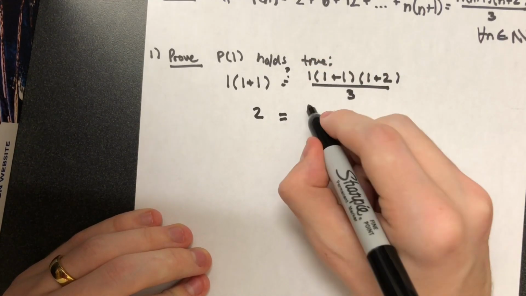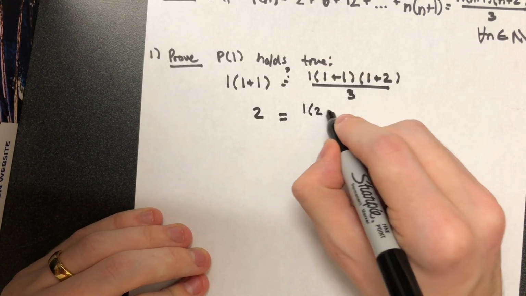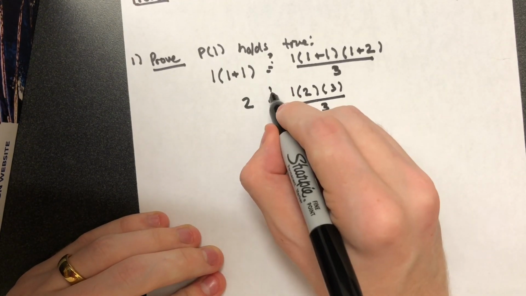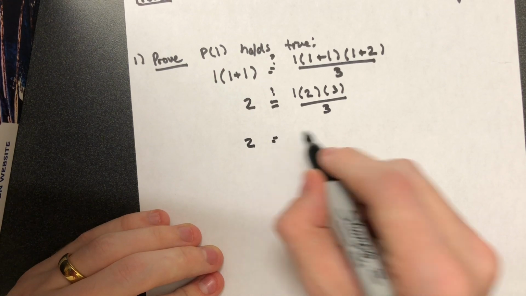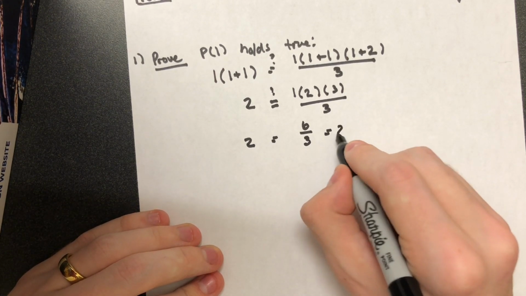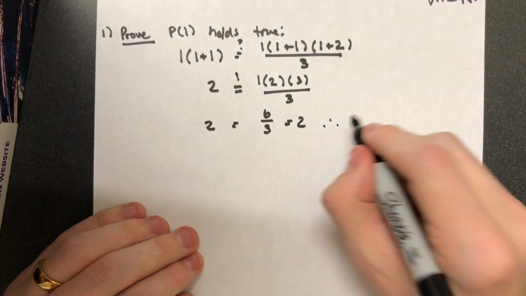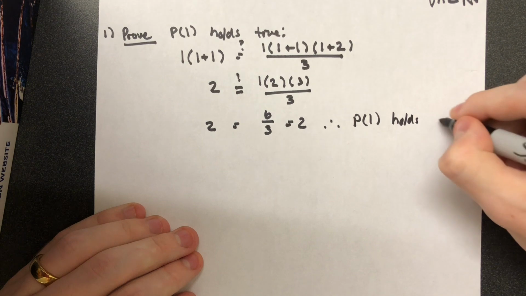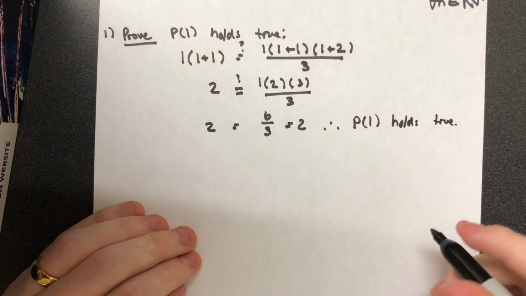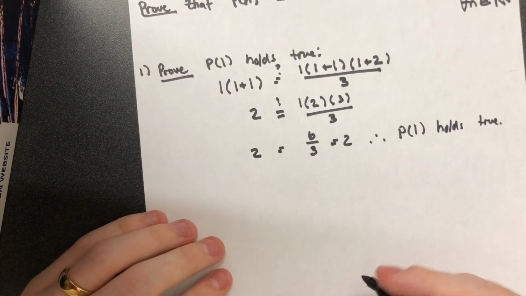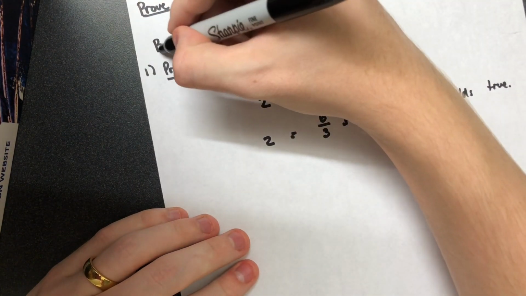Then 2 equals 1 times 2 times 3 over 3, which equals 6 over 3, which is the same as 2. So, therefore, P of 1 holds true. Alright, since we have our base case done, you could write that this is your base case.